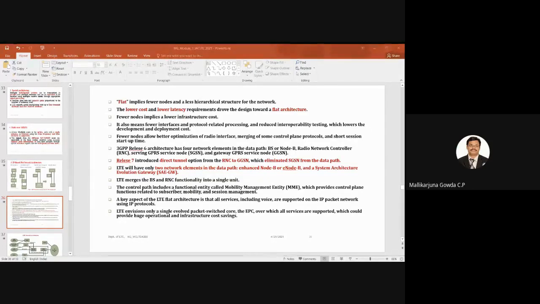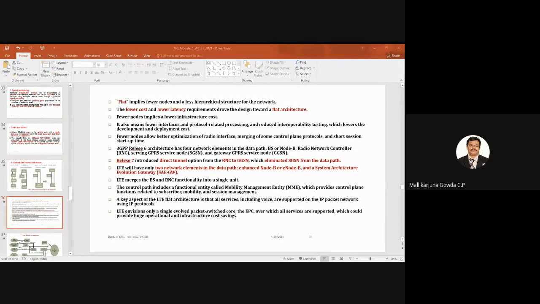See, circuit switcher system means if I want to communicate from X to Y, there will be a dedicated resource, a dedicated channel, established to communicate from X to Y. But in case of packet switcher system, there is no dedicated path.